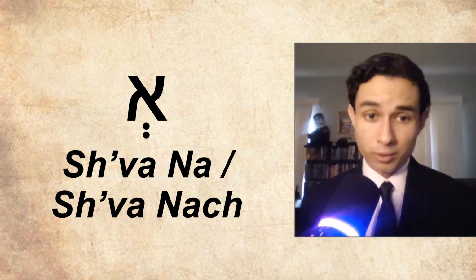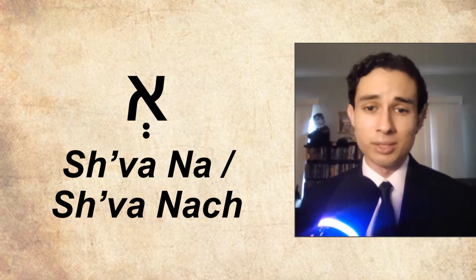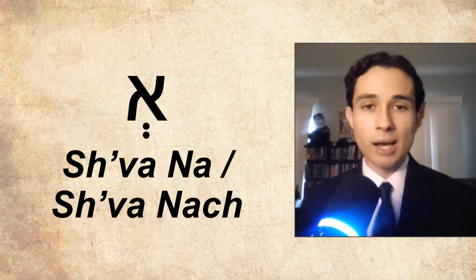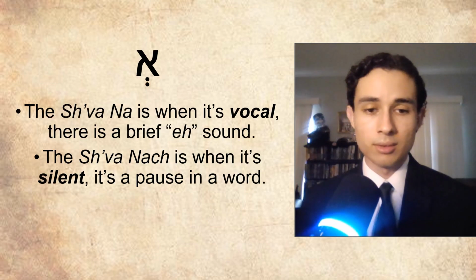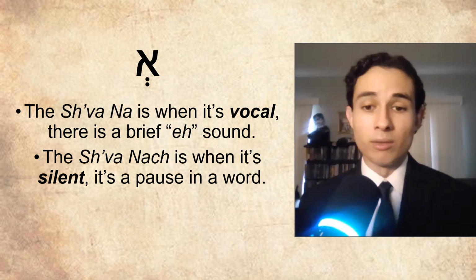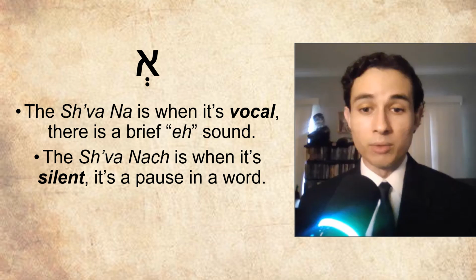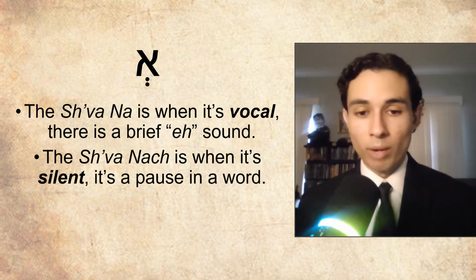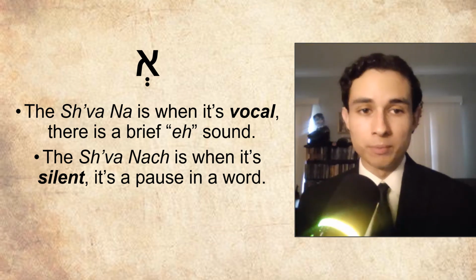So first and foremost, let's define the difference between the shvana and the shvanach. Why does it have two different names? The Shvana is the name when it's vocal, meaning there is a brief S sound. And it's called Shvanach when it's silent. So it's a pause in a word.